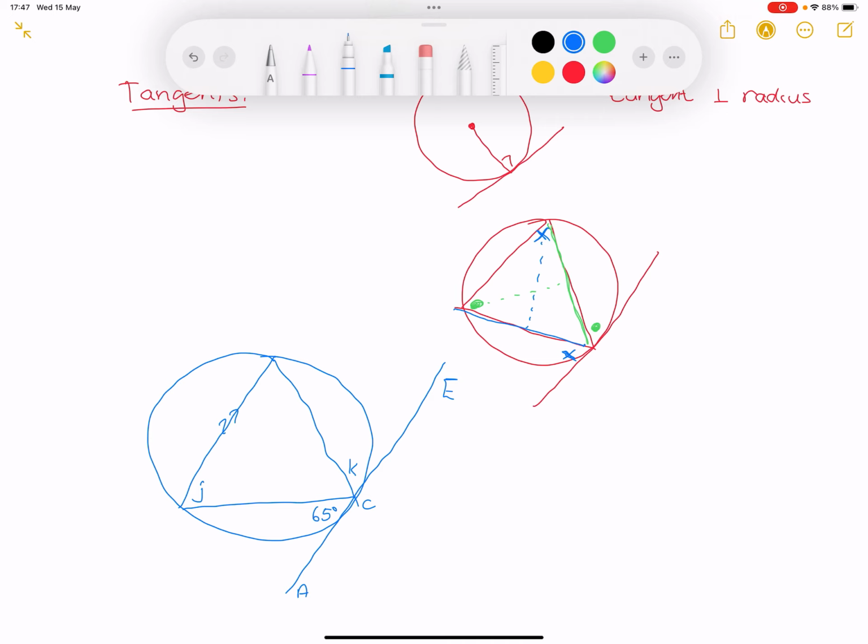Okay. Because the lines are parallel, do you see? Yes, ma'am. You can say J is 65. J is equal to 65 degrees because of alternate angles.